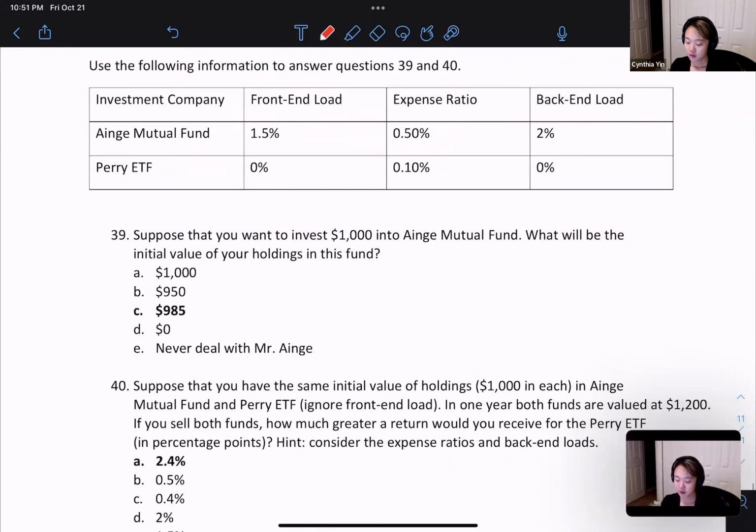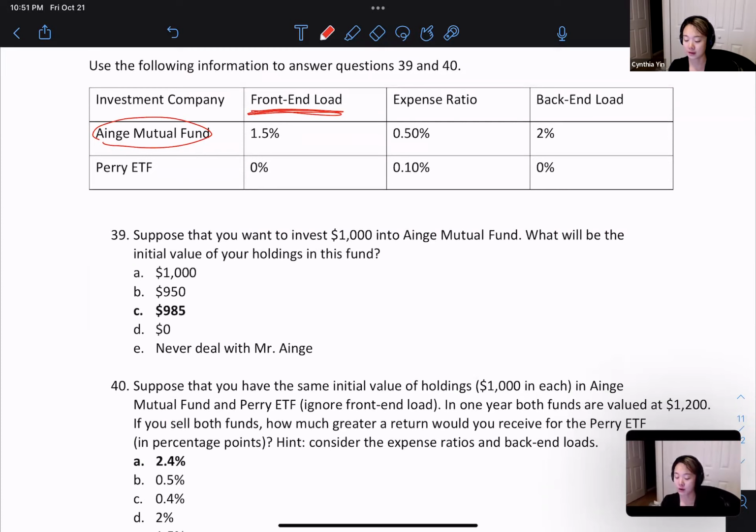Okay, let's see. Suppose you want to invest $1,000 in this first fund. What will be the initial value of your holding in this fund? This is testing you to remember to use the front end load, because it charges you 1.5% when you enter this fund.